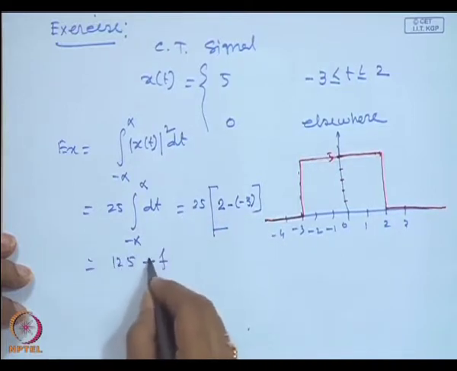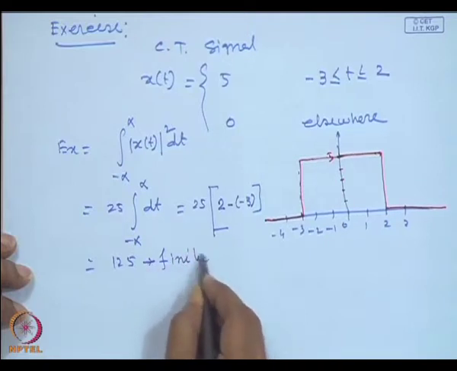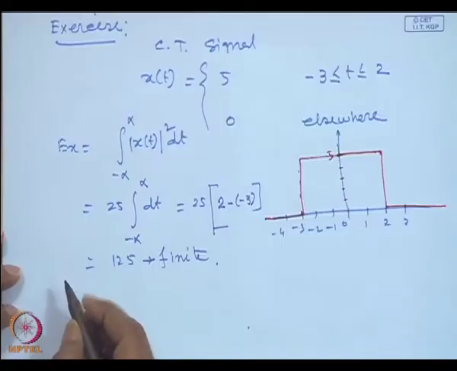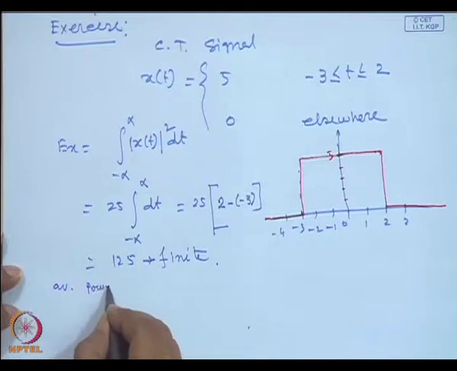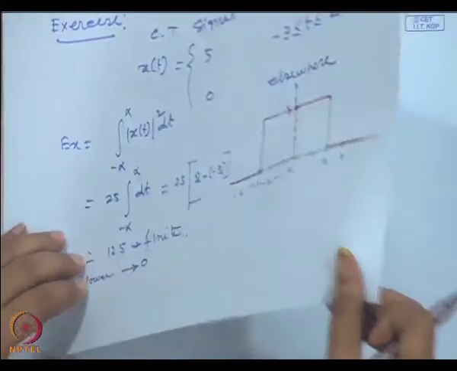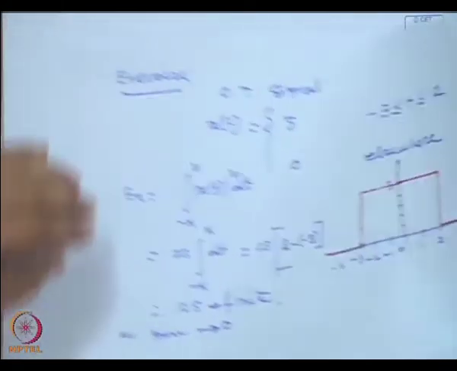So this is finite. Whereas for power, by the definition of power, as t tends to infinity, this will be 0. In case of average power, the average power tends to 0. So we conclude that the signal is an energy signal.